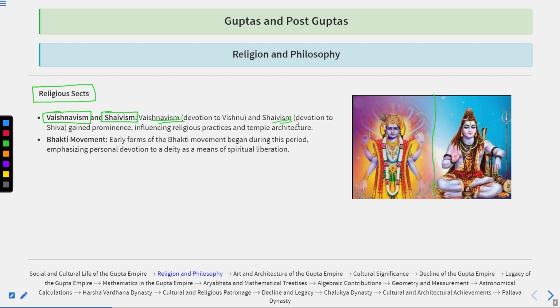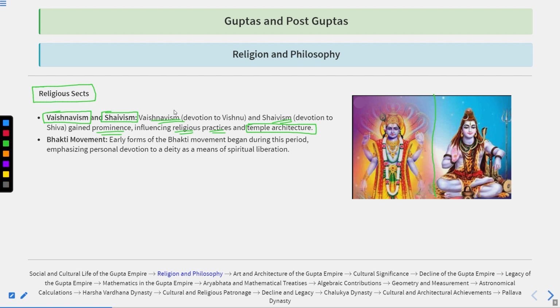The followers of Vaishnavism prefer worshipping Vishnu over others, whereas the followers of Shaivism prefer worshipping Shiva over others. Both worships were done with one common aim, to gain prominence and influence religious practices and temple architecture.